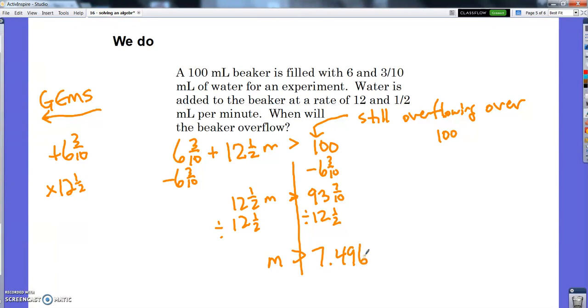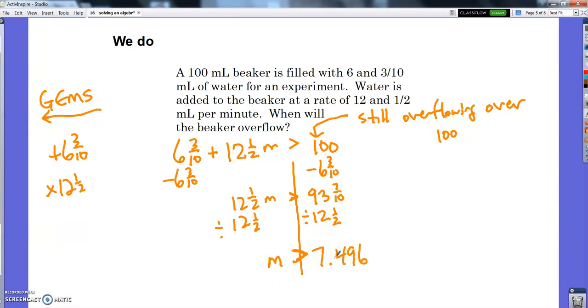That is when it will overflow. And so at exactly that number of minutes, it will be full. And when it's greater than that number of minutes, it will overflow. 8 minutes, 10 minutes, 100 minutes, still overflowing. So M can be anything greater than that.